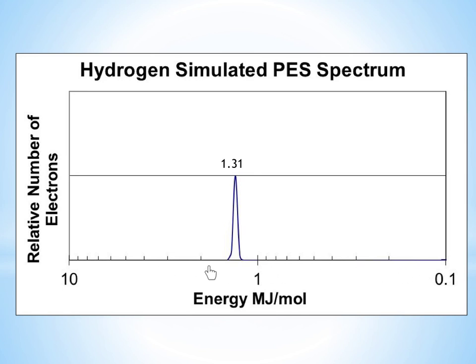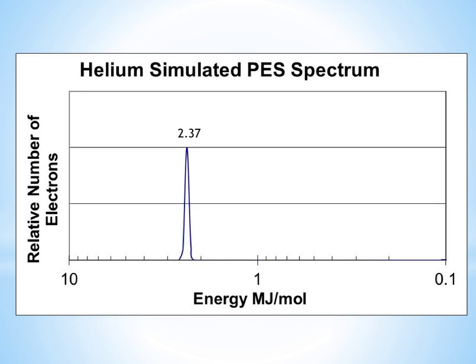As you can see, in hydrogen's case, it takes 1.31 megajoules of energy to dislodge one electron. We all know that hydrogen has one electron in the 1s orbital, and so this peak could basically represent the electron configuration for hydrogen. It'll make more sense when you see it compared to helium.